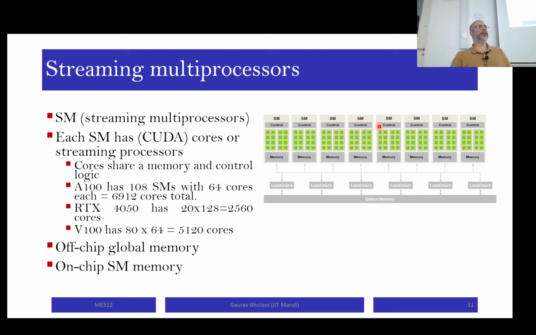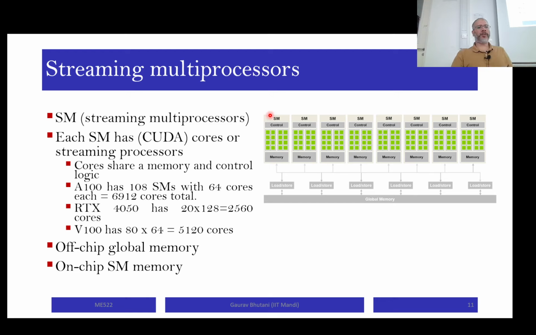All these green things are cores. If you add all the green boxes, you get the total number of cores available in a GPU. So, physically each GPU has something called streaming multiprocessors, which are these blocks. Each streaming multiprocessor has some number of CUDA cores, which are these green boxes.